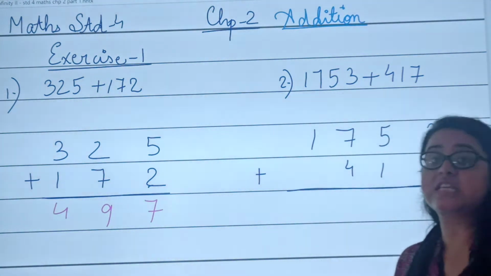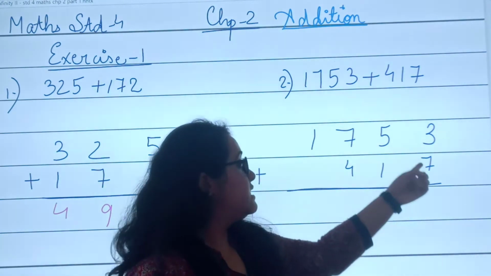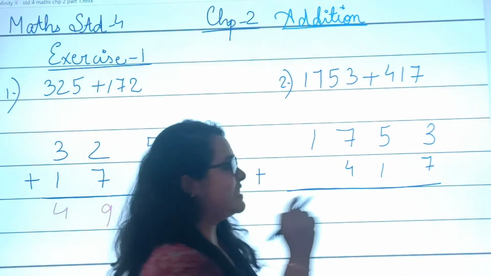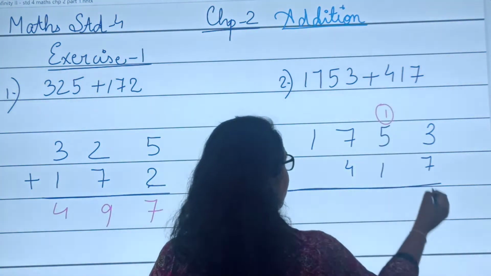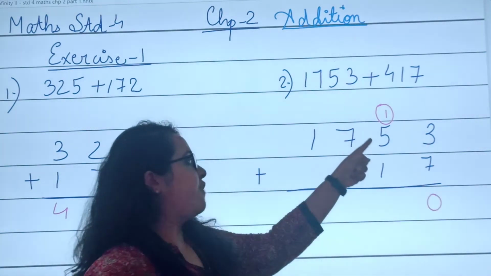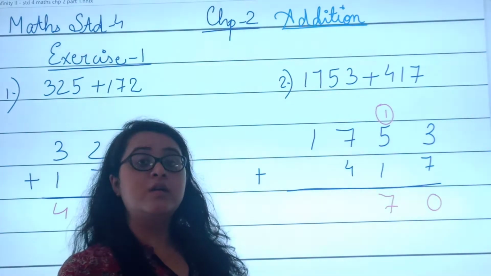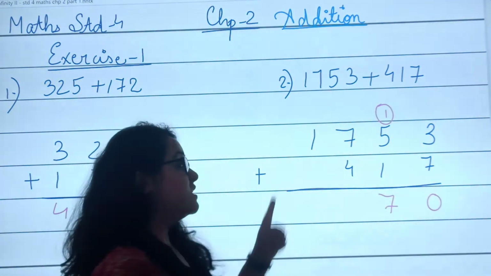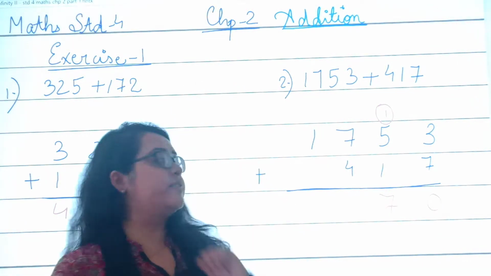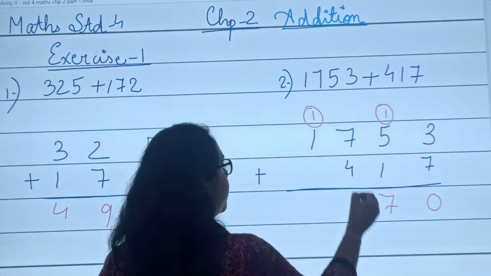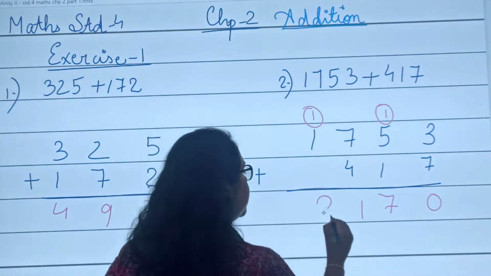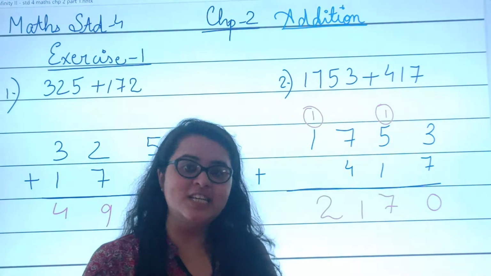Always remember we will start from ones. 7 plus 3? Yes. 10. So 1 will be carried forward. 5, 6, 7. 7 plus 4? Yes. 11. 1 will be carried forward. 1 plus 1, 2. Understood?